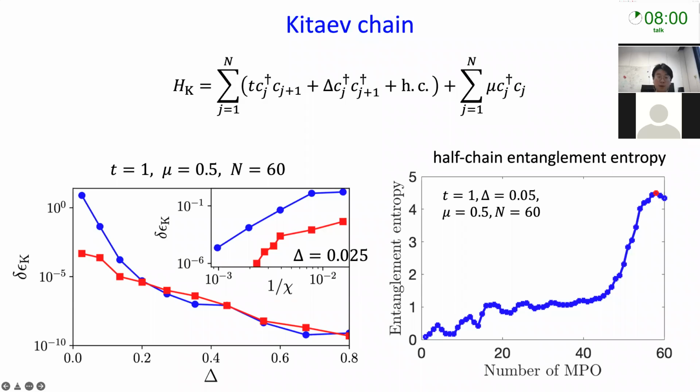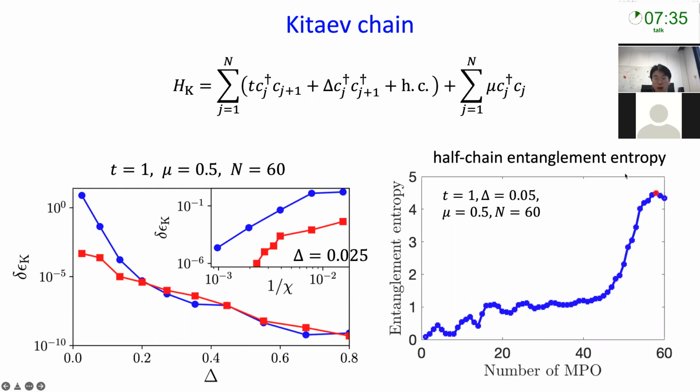In the inset plot, we show the result with very small delta. In this case, for both methods, the energy deviation decreases as a power law of inverse bond dimension. But you will find that the Pfaffian method leads to a much steeper decrease curve, so it is more efficient.